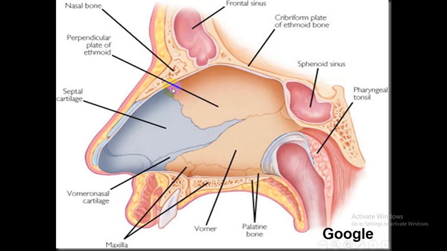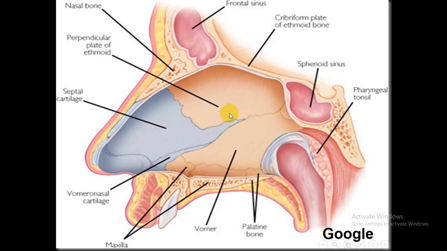And the crest of the nasal bone, and the crest of sphenoid, part of the sphenoid. While the lower part is formed by this bone, which I will call the vomer bone. Also the nasal crest of the maxilla and the crest of the palatine bone.